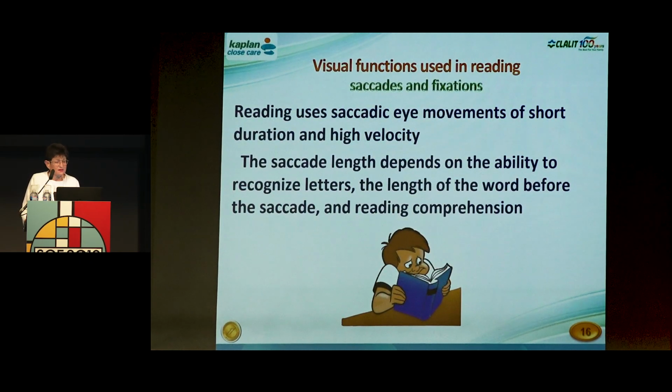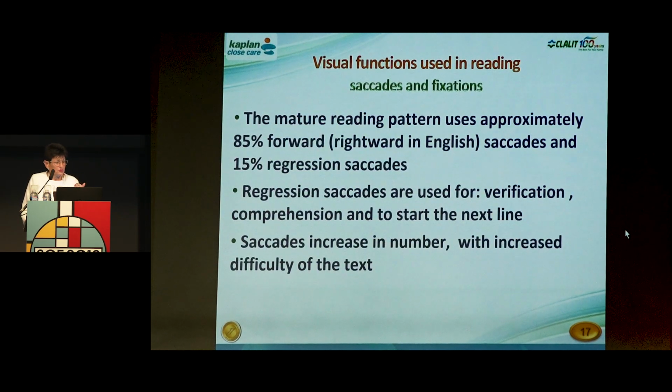We use saccades in order to read, and we use saccadic movements of short duration and high velocity. The saccade length depends on the ability to recognize the letter, the length of the word before the saccade, and reading comprehension. The mature reader uses approximately 85% of the saccades as what we call forward saccades.